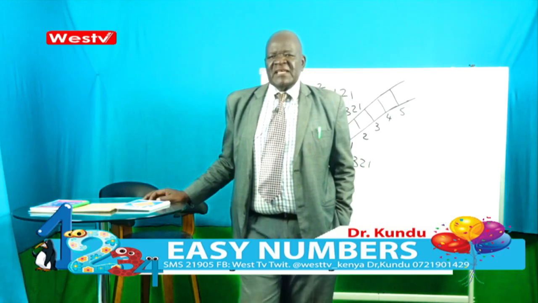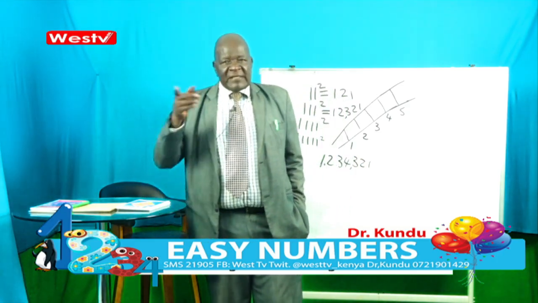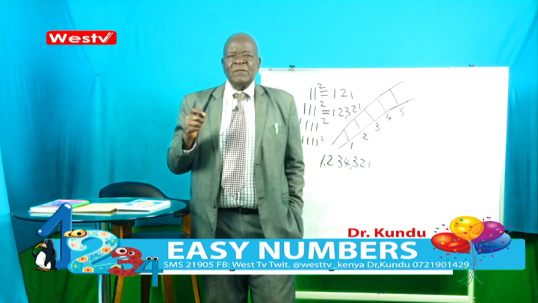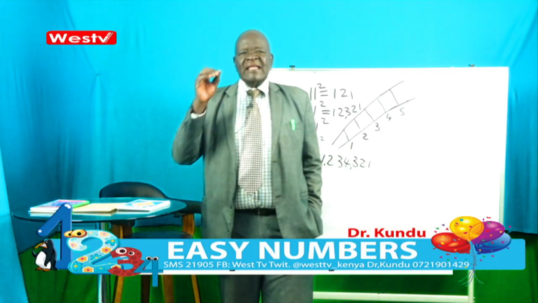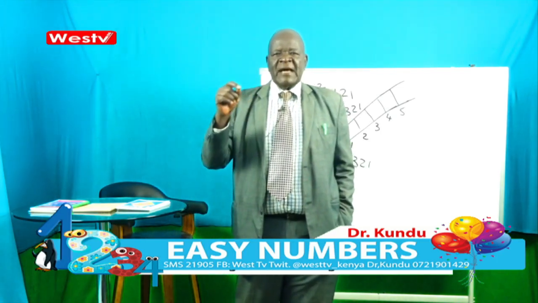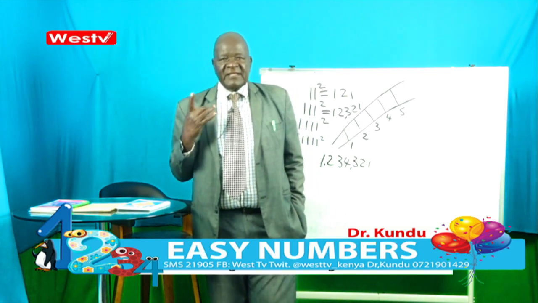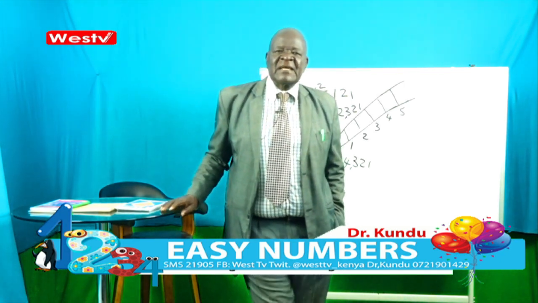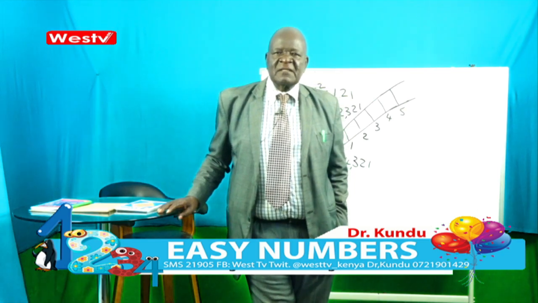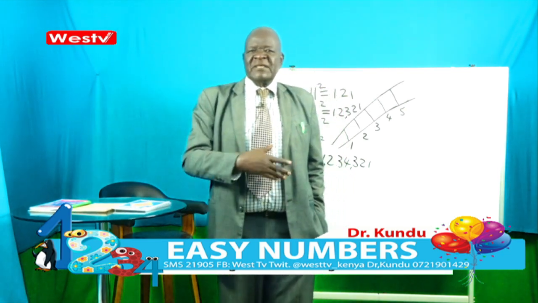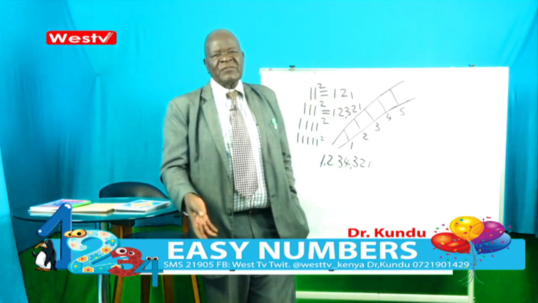And then when he says, no, I want you to give me the square of 11,111. Then I look at that number and see it has 5 ones. And my job is 1, 2, 3, 4, 5, 4, 3, 2, 1.